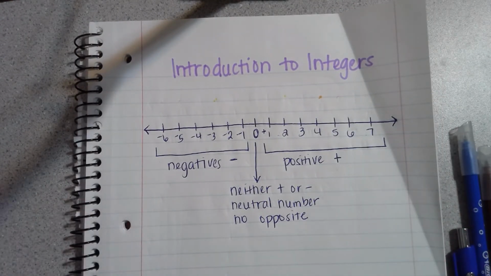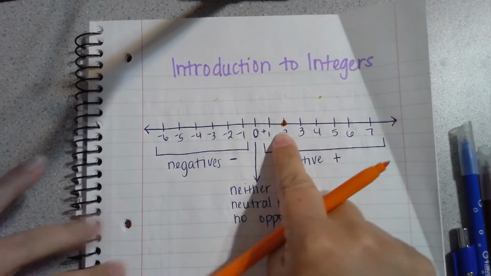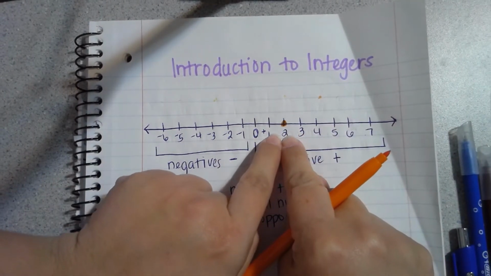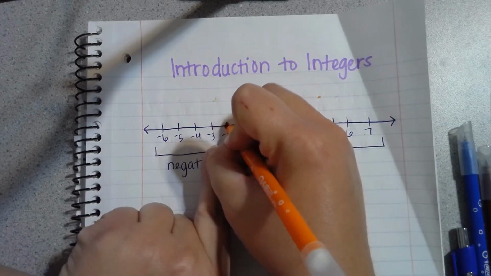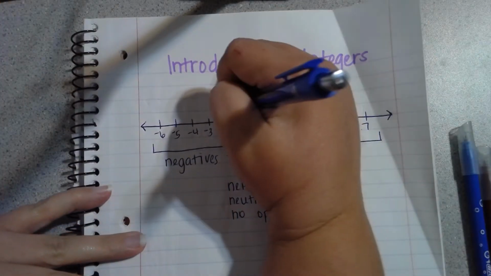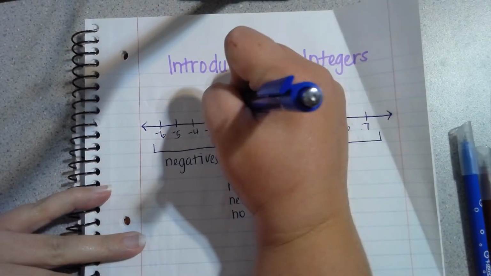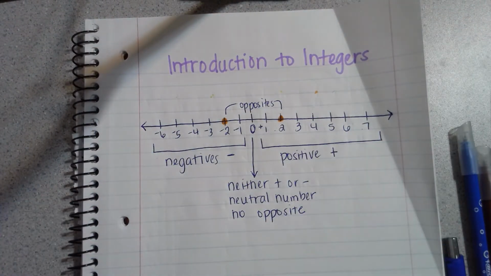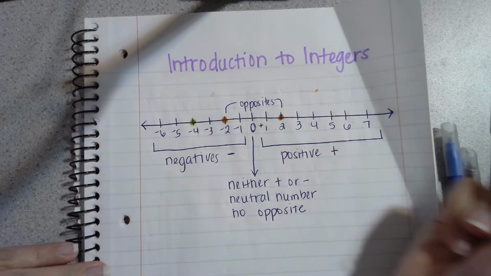So if I was to look up here at the top of the number line and ask you, what is the opposite of 2? So what would be the opposite of 2 in the mirror? Well, it would be -2. Okay? So these are opposites. What about if I had -4?